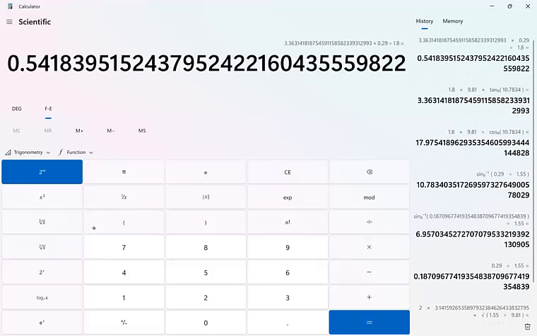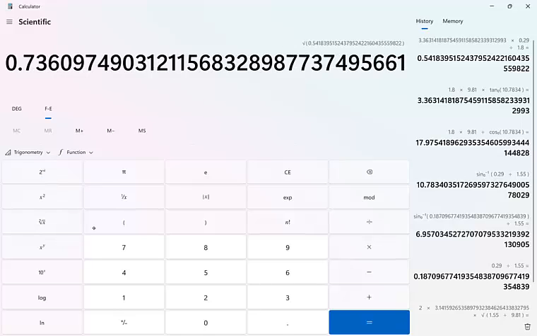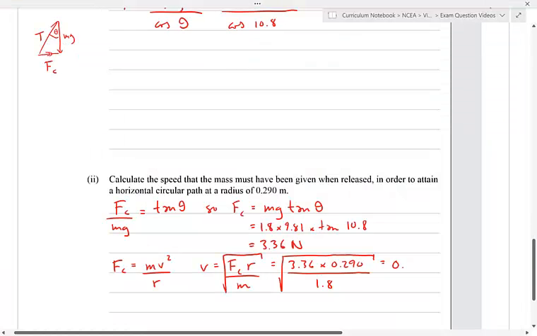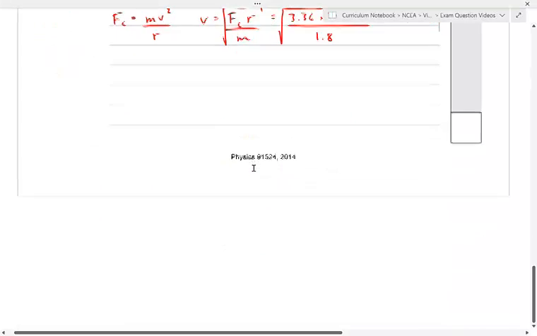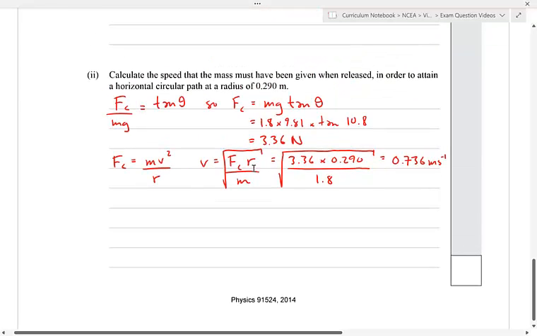Which gives us this, and we want to square root that, which is 0.736 meters per second. Okay, what else have we got here? That's the end of the question. Cool, so I think we've solved that.